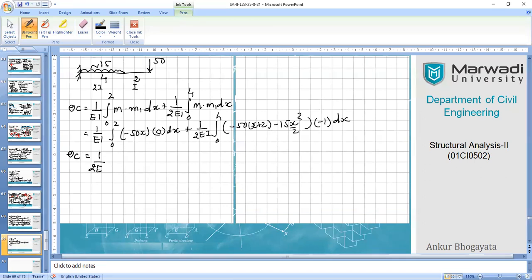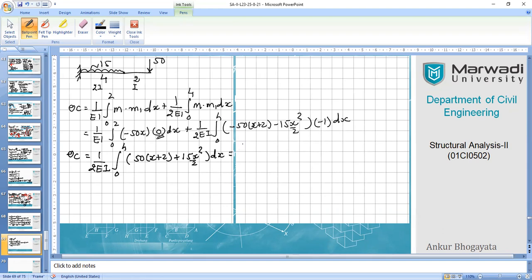1 upon 2EI, because we can avoid the first term since we have 0 there. So the first term is avoided, 0 to 4. Negative negative cancel each other. So 50x times 2 plus 15 x square by 2 dx. That's it. That's the story.